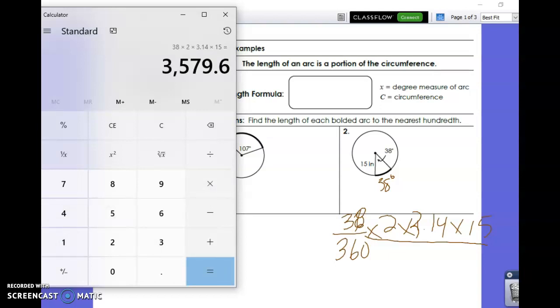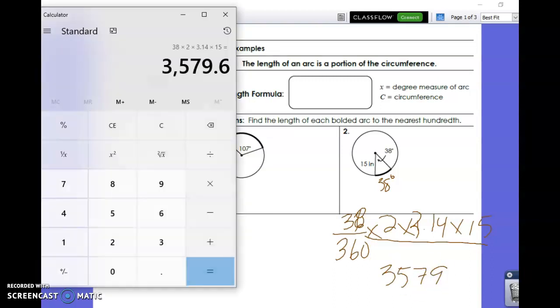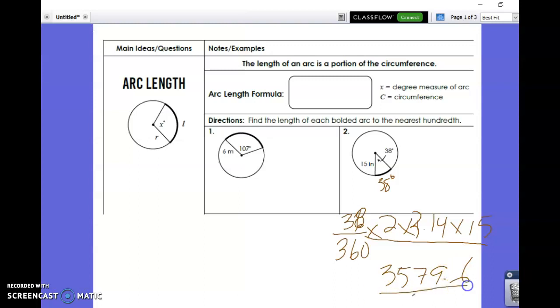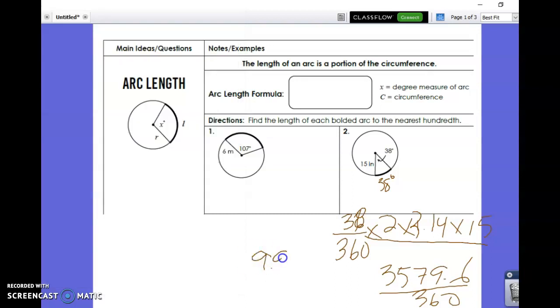We get 3579.6, and then we divide that by 360. That gives us 9.94 to the nearest hundredth, and if we have to round to the nearest tenth, that will just be 9.9 to the tenths place.